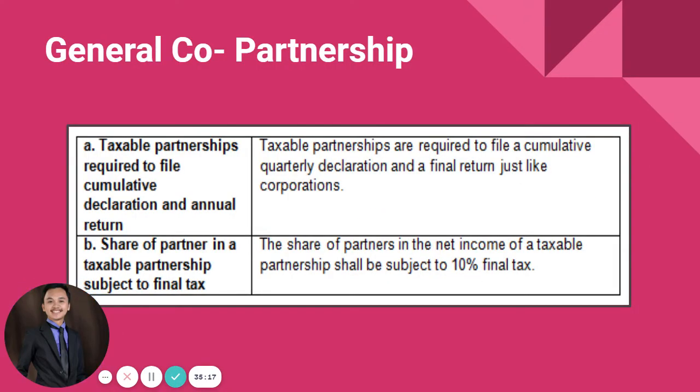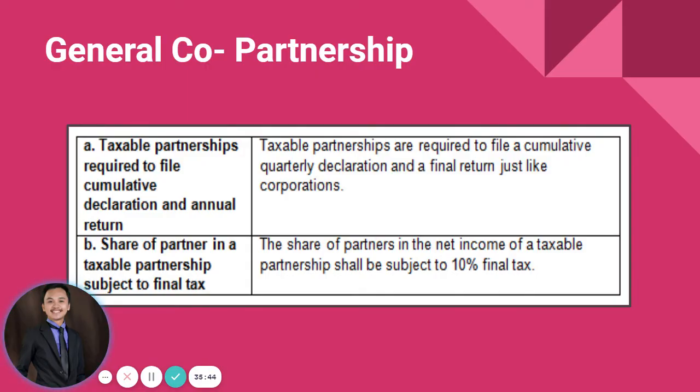What if it's a general co-partnership? So again guys, based on the summary that we had on the third slide, when it's actually a general co-partnership, the partnership itself is subject to tax as if it is a corporation. So therefore, the general co-partnership will be subjected to 30% corporate income tax rate.